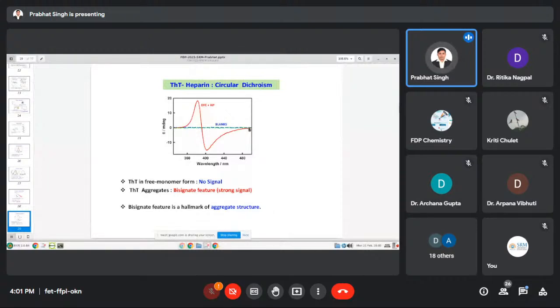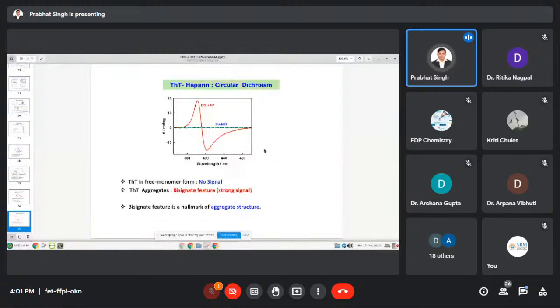This kind of bisignate feature in circular dichroism spectra is basically an indication that you have excitonic coupling, which is nothing but aggregate. So what is excitonic coupling? You have aggregates, so when you excite the molecules, since the dipoles are very close and interacting, there is an excitonic interaction between them, and that leads to this kind of splitting. We'll not get into detail here, but it is just another evidence that ThT forms aggregates in the presence of heparin.